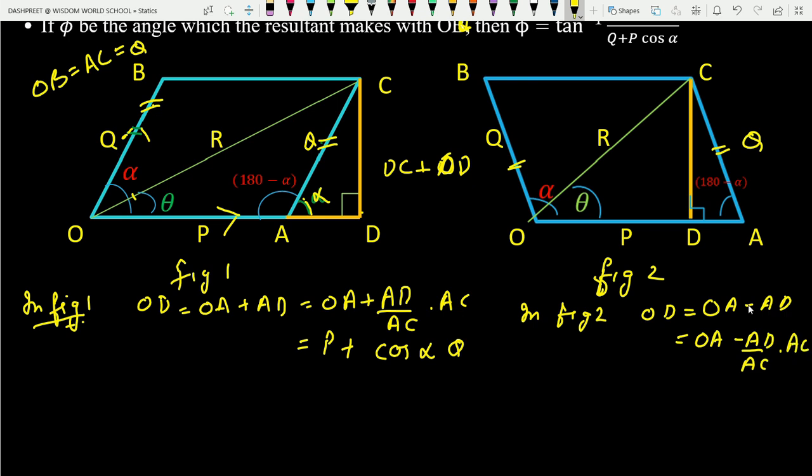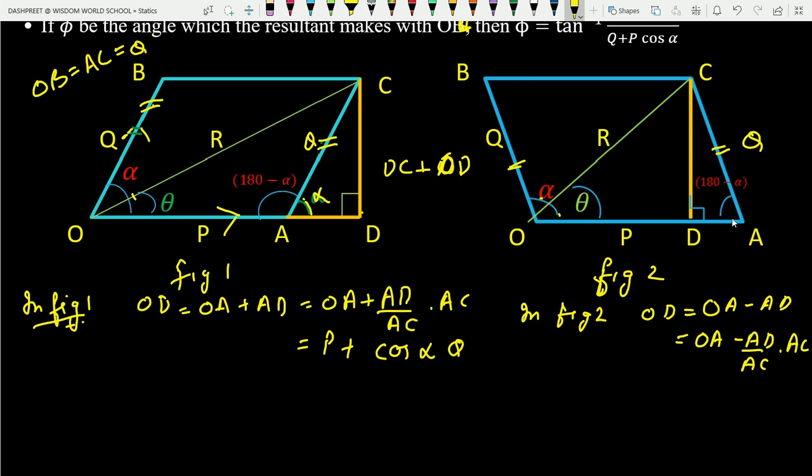AD is the base and AC is the hypotenuse in this triangle CDA. Here the angle DAC is equal to 180 minus alpha, because the sum of adjacent angles in a parallelogram is 180 degrees.